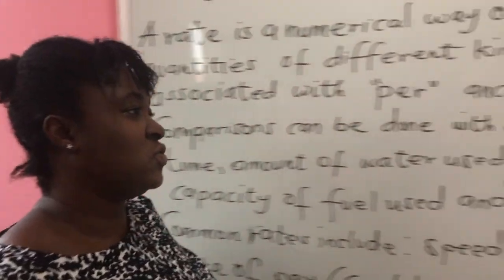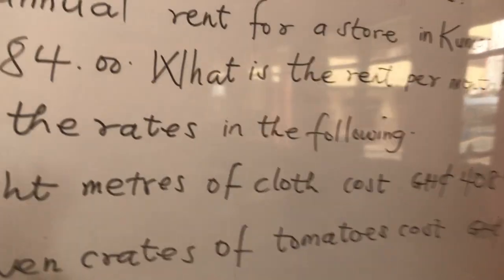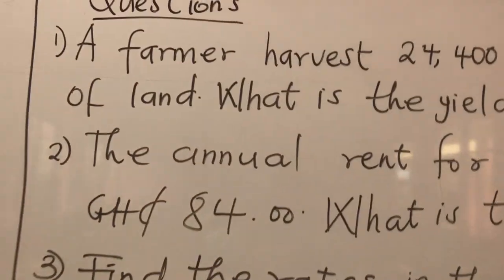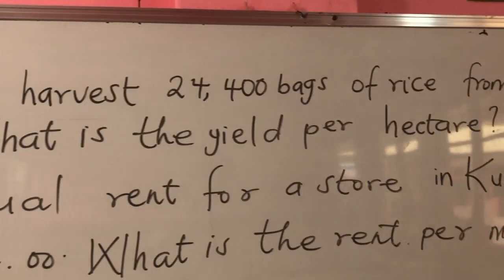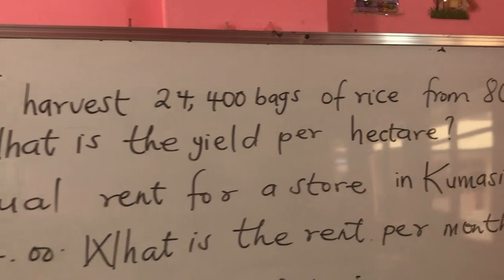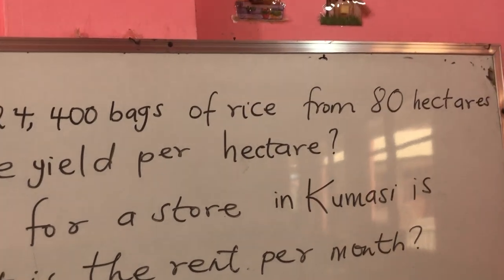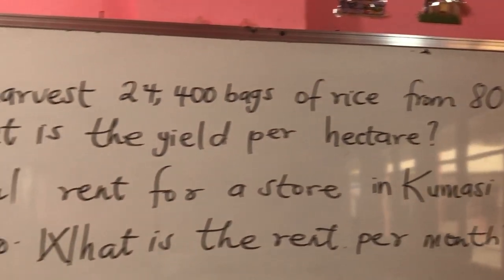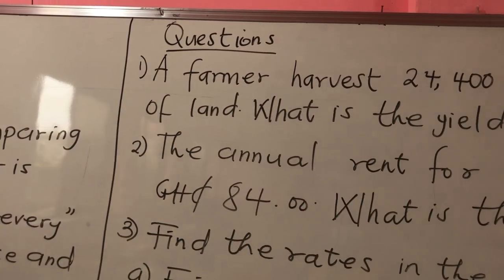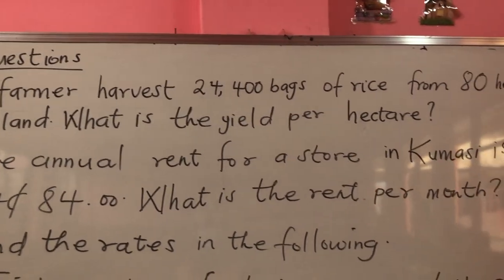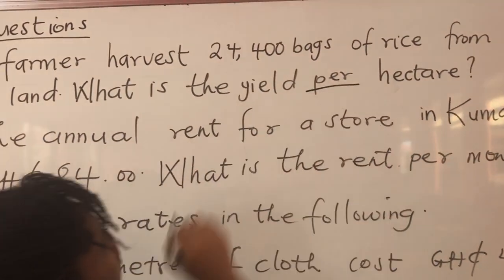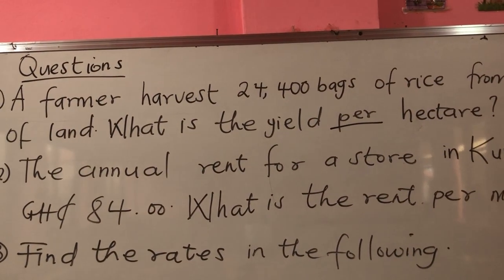Okay, so let's take this question here. We have the very first question. A farmer harvests 24,400 bags of rice from 80 hectares of land. What is the yield per hectare? Do you see the word here, per hectare? So you'll be finding words like per.